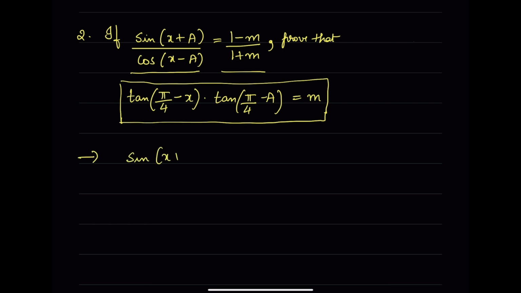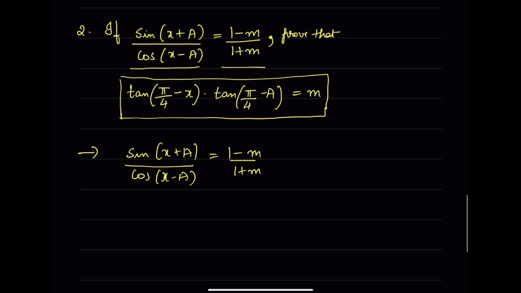We have sine of x plus a by cos of x minus a is equal to 1 minus m by 1 plus m. Whenever we have these kinds of questions, in the previous video we have used a rule of ratio called Componendo Dividendo.